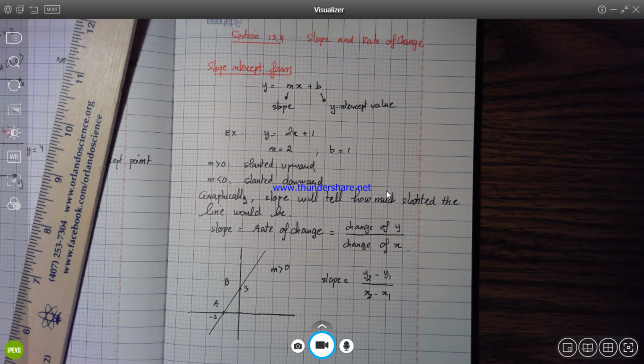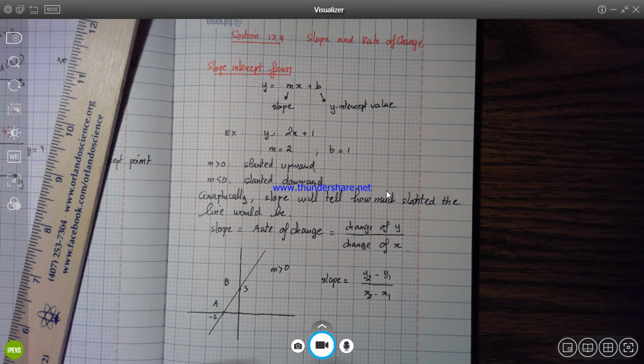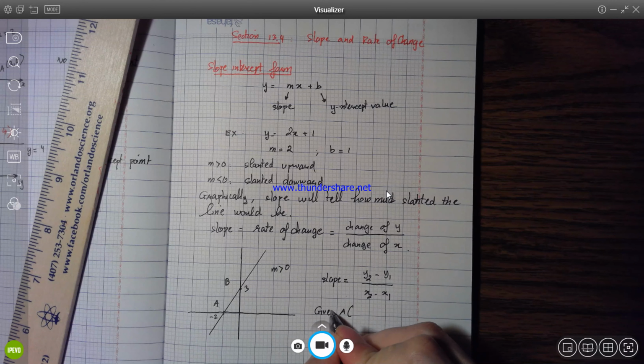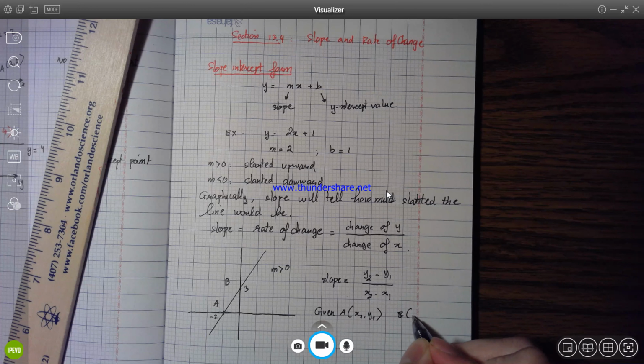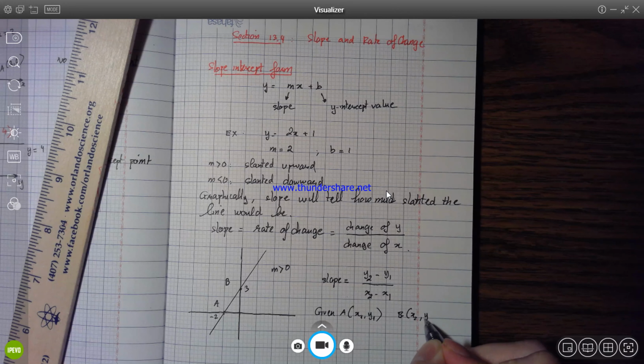With y2, y1 is the y component of point A and B, and x2 minus x1 is the x component of point A and B. So point A has coordinate x1, y1, and point B has coordinate x2, y2.